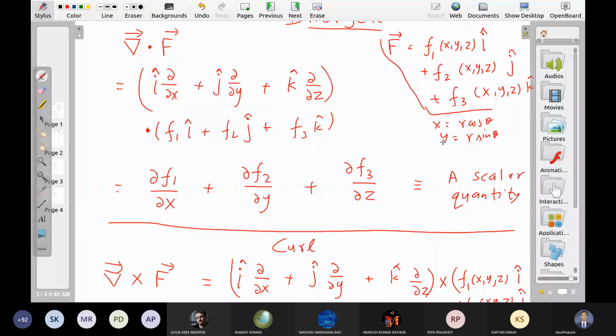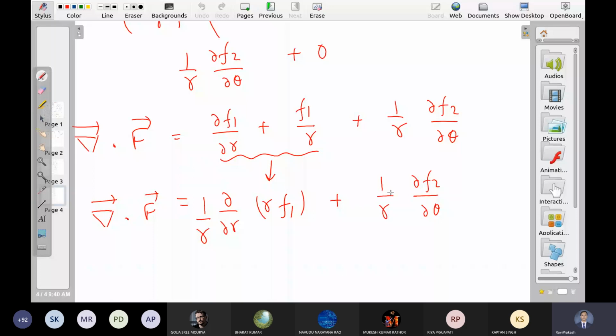In this formula, what you will get? This formula. If you put polar coordinates in the previous formula and take proper derivatives, you will eventually get this answer. What about curl now?